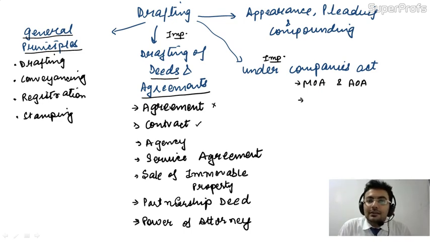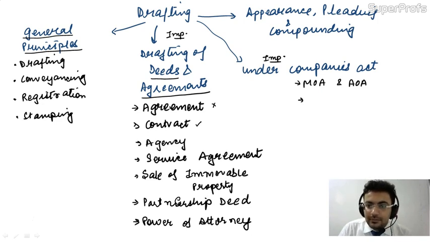And AOA are the internal regulations, the internal charter of the company. A company cannot go beyond the powers mentioned in MOA. Exactly, MOA can be altered. Section 110, right? Postal ballot, the effect of what you are going to alter in the memorandum, you have all studied them in CS Executive, right? So MOA and AOA.